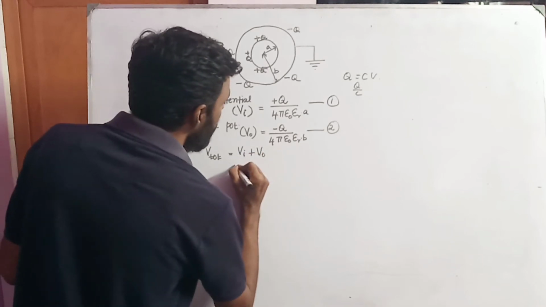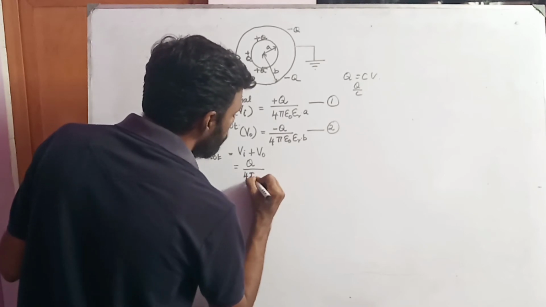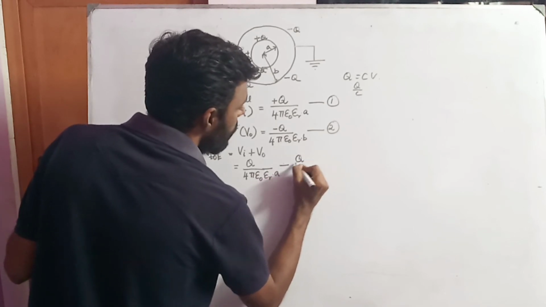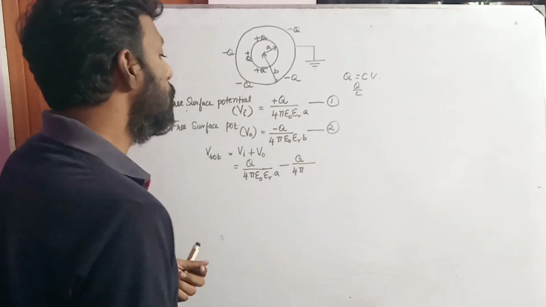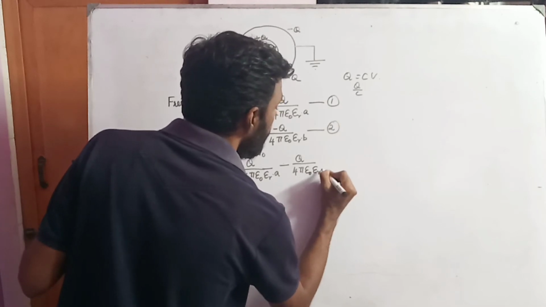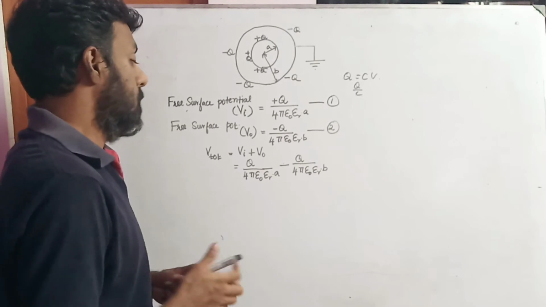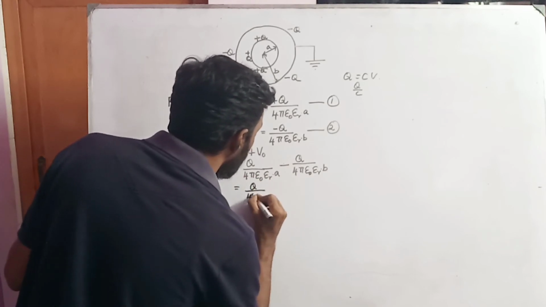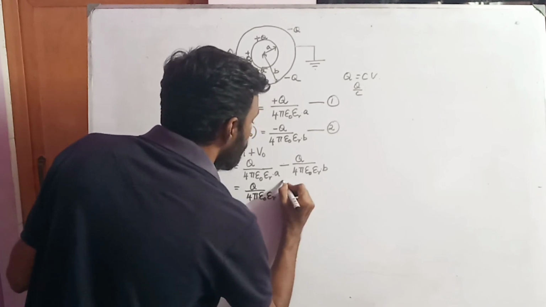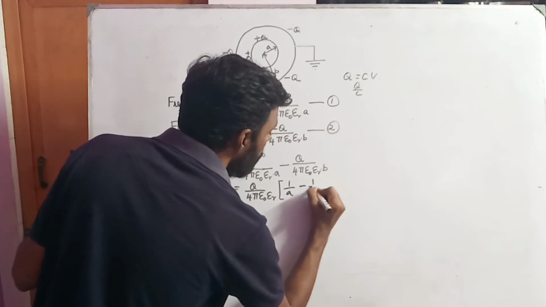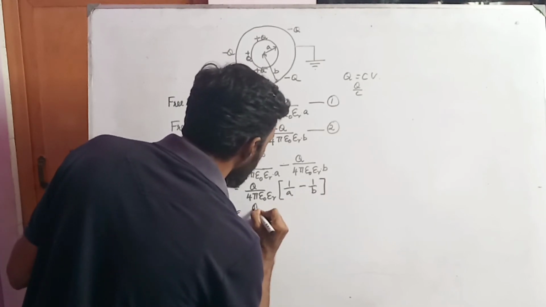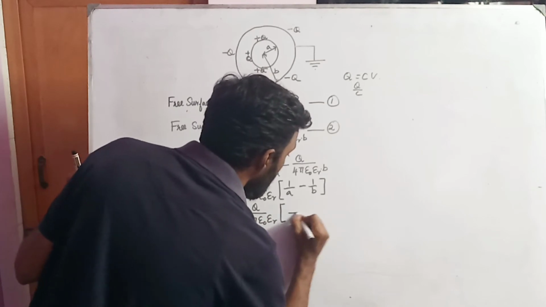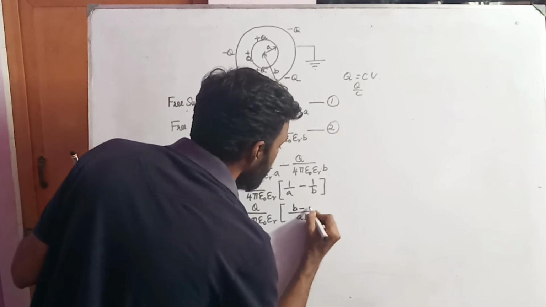That equals Q divided by 4 pi epsilon naught epsilon r A, plus minus Q divided by 4 pi epsilon naught epsilon r B. Taking the common terms out, we get Q divided by 4 pi epsilon naught epsilon r times (1 by A minus 1 by B), which is Q divided by 4 pi epsilon naught epsilon r times (B minus A) divided by AB.